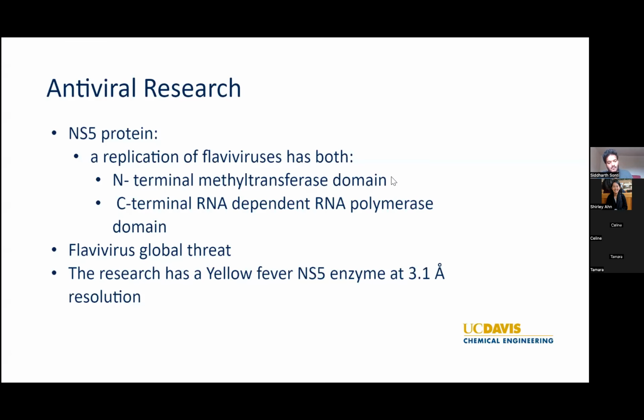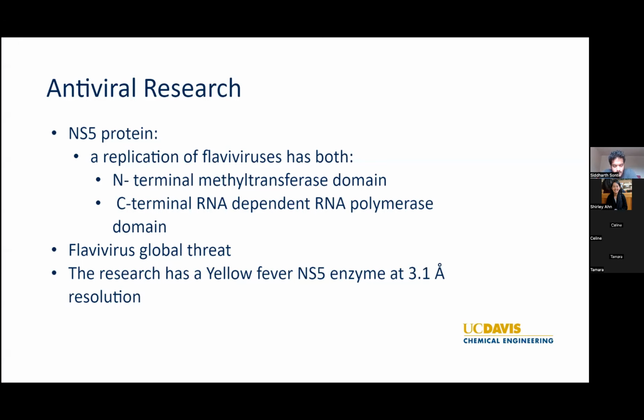I was given a research document to look over, which is the antiviral research, and it presented the NS5 protein and its replication in a flavivirus, which has a variation of the N-terminal methyltransferase domain and the C-terminal RNA polymerase domain.